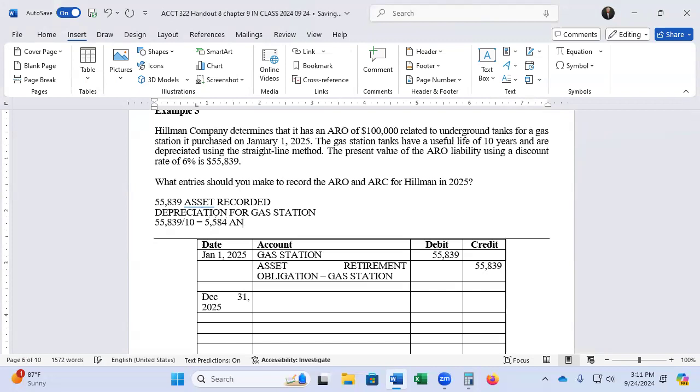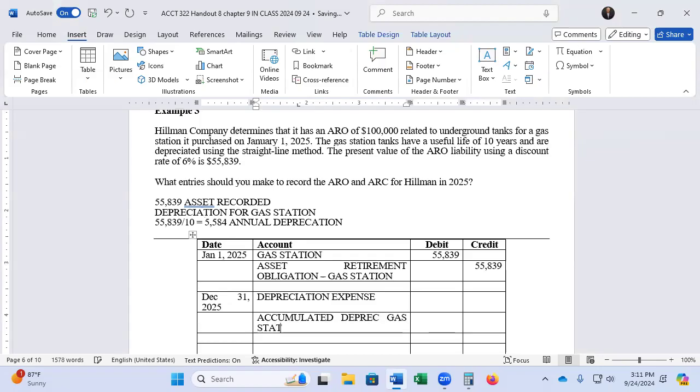And this is your annual depreciation. And so this would be depreciation expense and accumulated depreciation for the gas station. And so that's the 5,584.